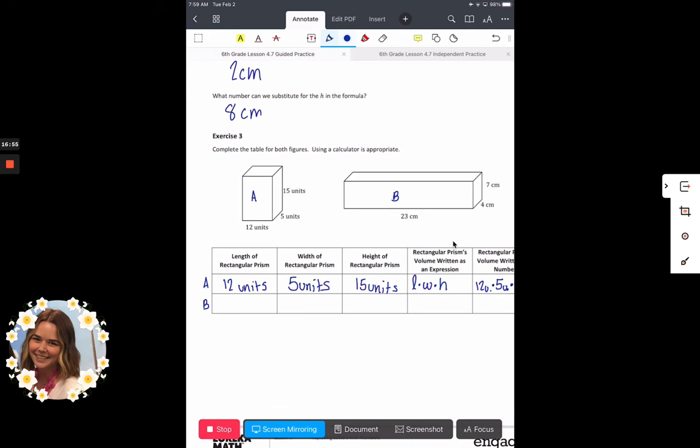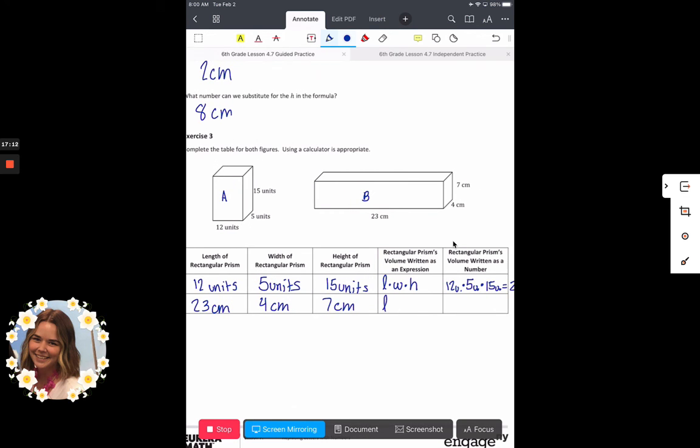And then if we look at B, our length, we'll say is 23 centimeters. Our width, we'll say, is 4 centimeters, and our height, we'll say, is 7 centimeters.